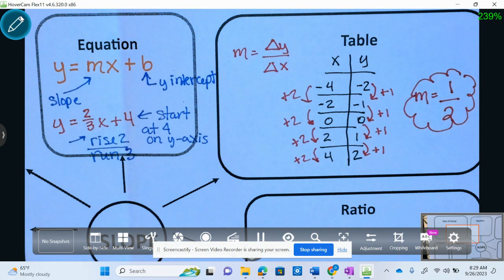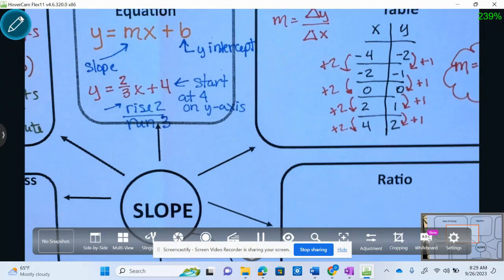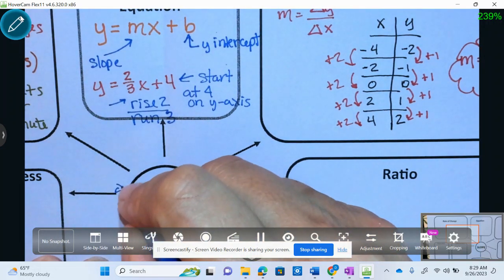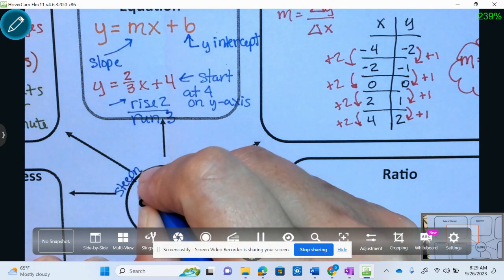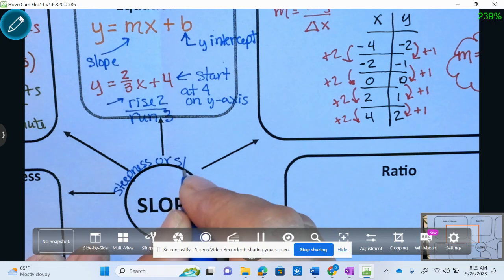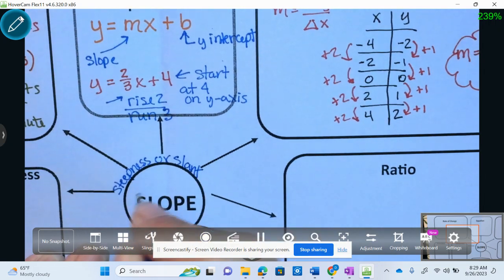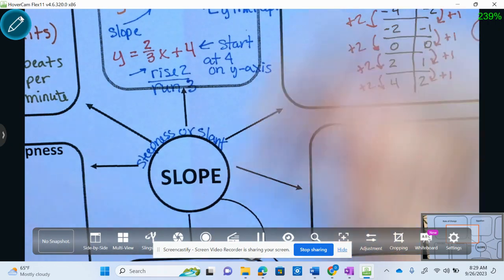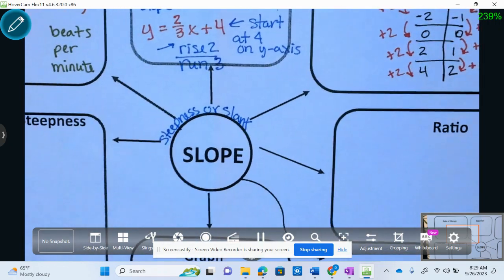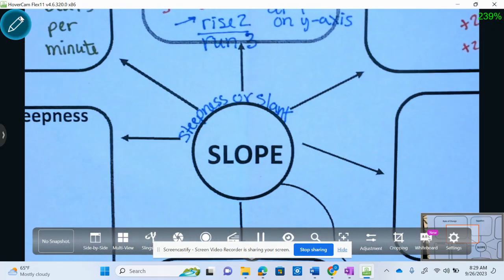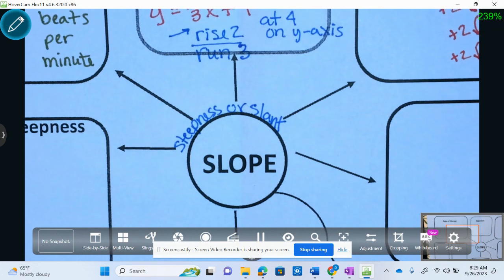All right, I'm going to write around this little circle. What did we say slope was? It's the steepness or slant of a line. Do you guys remember that? I just wrote steepness or slant. I've got this scanned so we can post it.